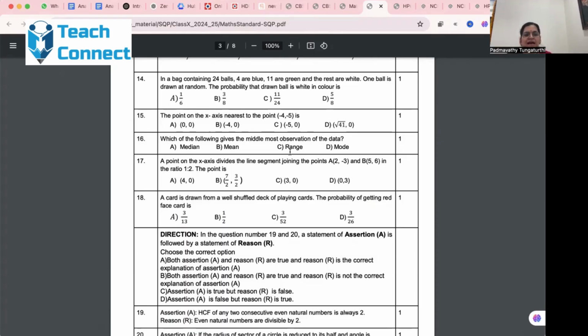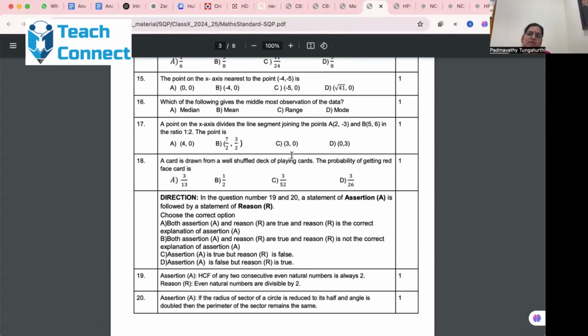Point on the x-axis nearest to the point minus 4, 5. You have observed that right in the beginning also it was given. The child should understand that this is a remember and understand question. The child should know any point minus 4, 5. Where is the x coordinate over here? It's minus 4. Comma, 5 is on the y-axis. Which one is much closer? Minus 4, 0 is much closer because root 41 goes closer to 49.